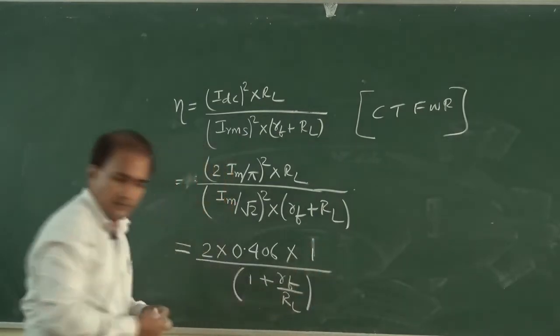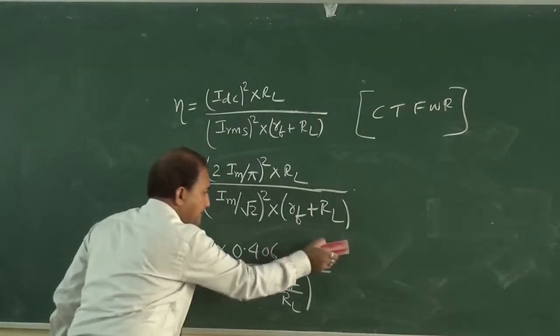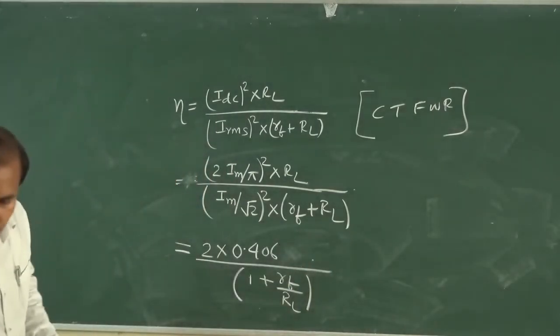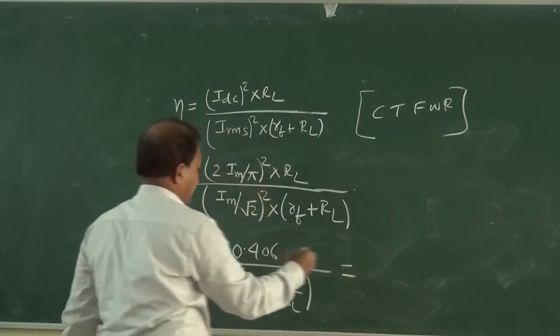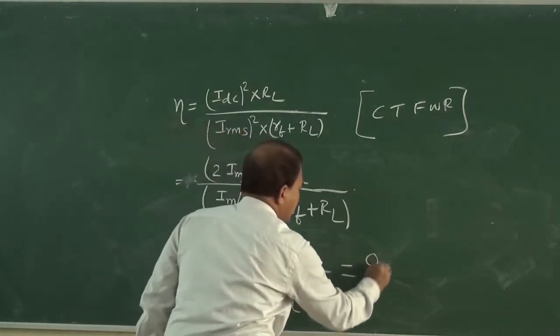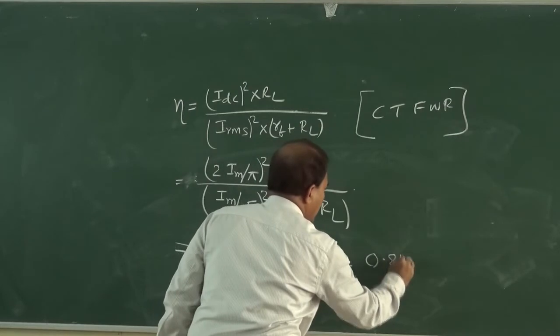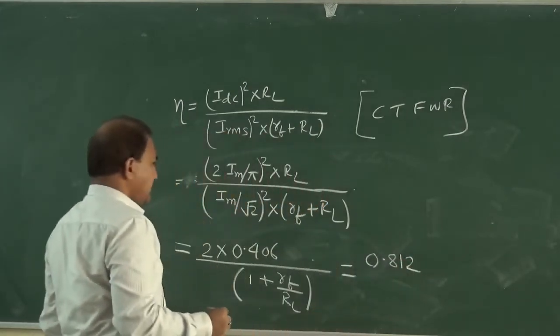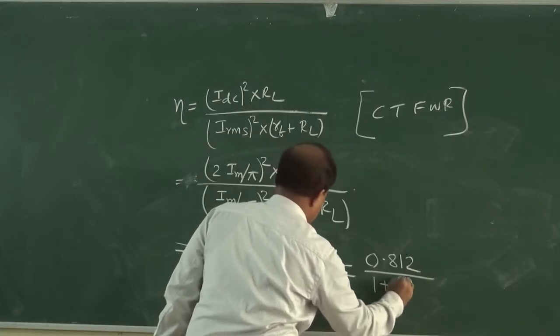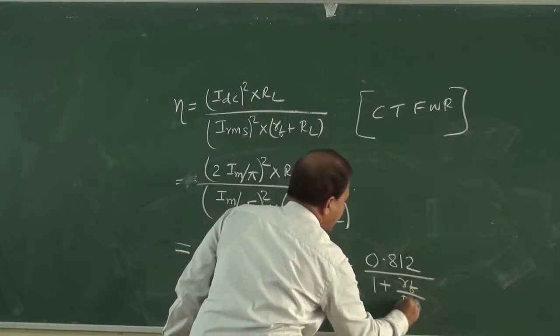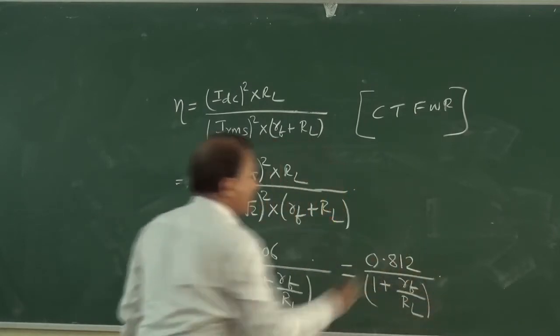We can write it like this. So it is equal to 0.812 divided by 1 plus RF by RL.